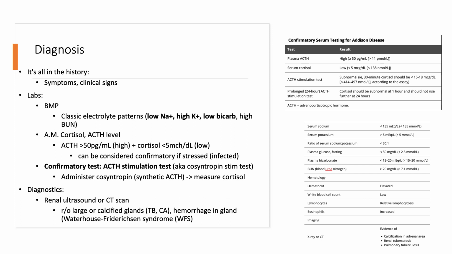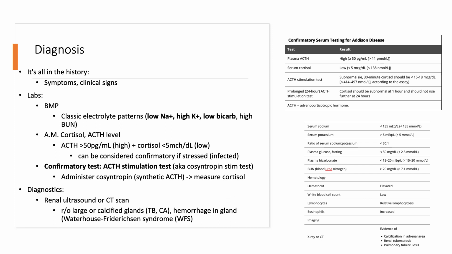So first thing you can do is get an early morning cortisol and ACTH level. We do this frequently in the ICU. Do a spot check and we go, cortisol's less than 5 and they're intubated and in septic shock. Give them steroids. That's kind of our confirmatory test. We don't usually need to do a cosyntropin stim test, which is the confirmatory test.